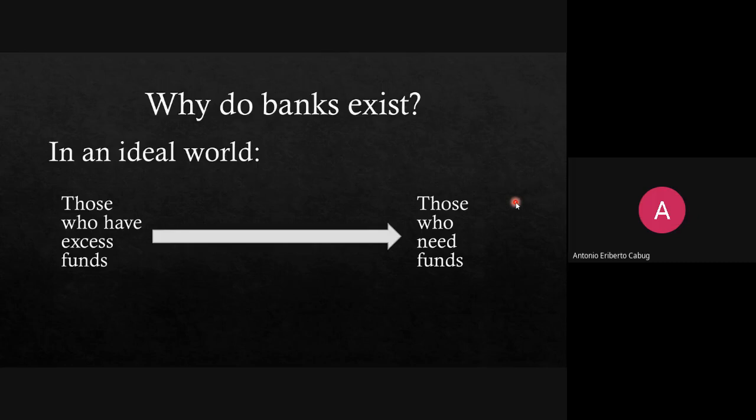Person B has a lot of business ideas. So in an ideal world, the funds should find their way from person A to person B. Person A, who has excess funds with no idea, should be able to bring those funds to person B, someone who does not have the money but has the ideas on what to do with the money.